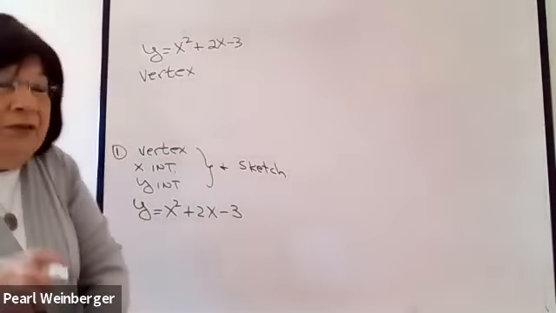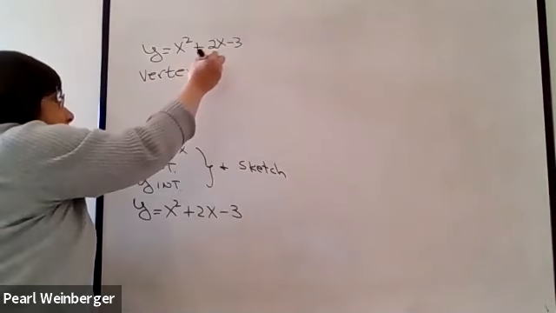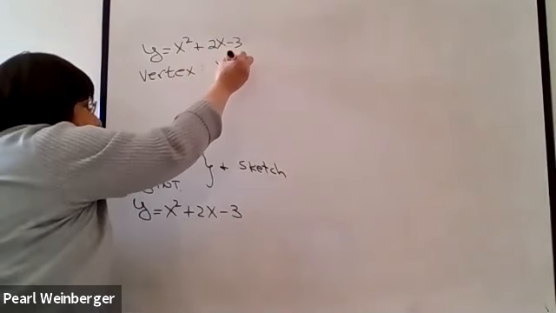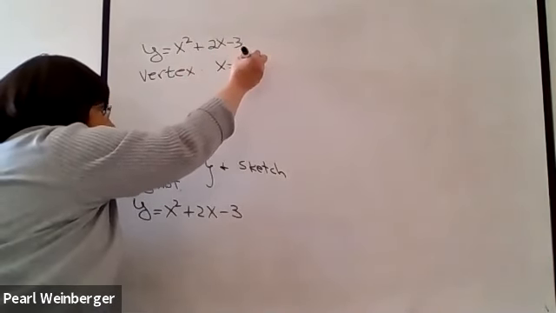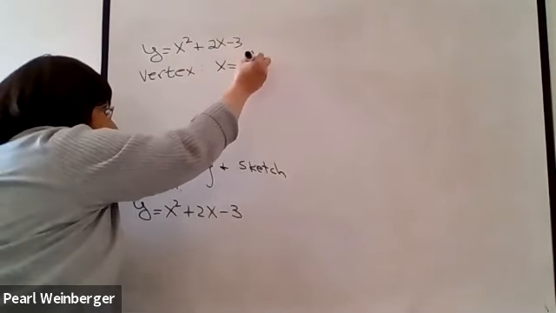Right, great, Cheryl. x equals negative b over 2a. Now, for our particular example, let's always write this down. The a, of course, is 1 because it starts out with just a plain x squared. The b is 2. And the c is negative 3.